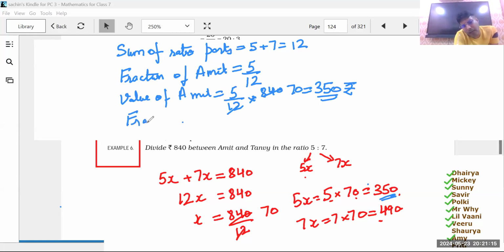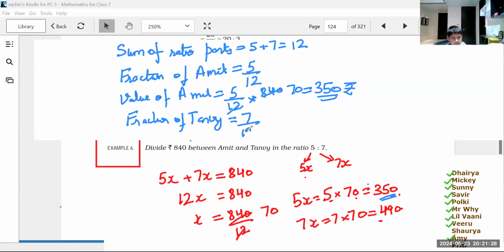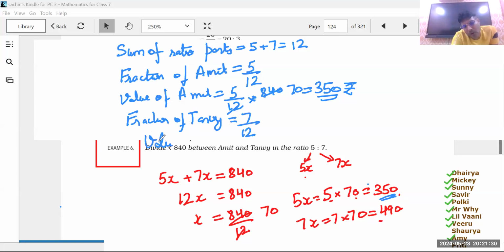Now, what will be the fraction of Tanvi? 7 by 12. Value of Tanvi will be 7 by 12 multiplied by 840. So again 70 will come and I will get 490.